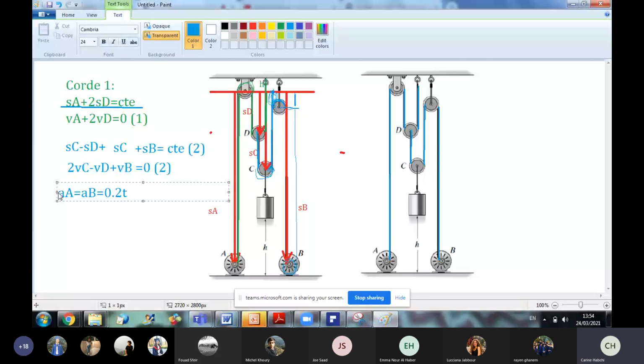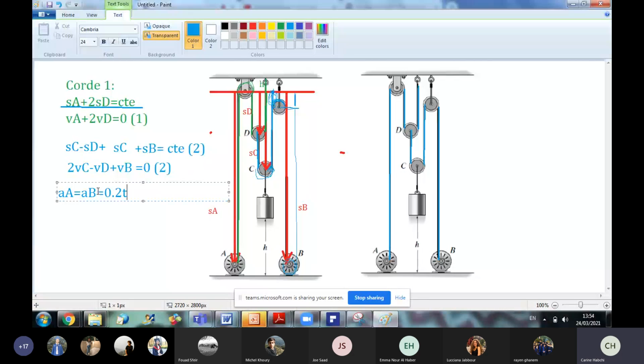Because knowing that the acceleration of A is equal to the acceleration of B, the velocity of B is equal to, since we are starting from rest, we integrate this function, 0.1 t squared. So these are the velocities of A and B.